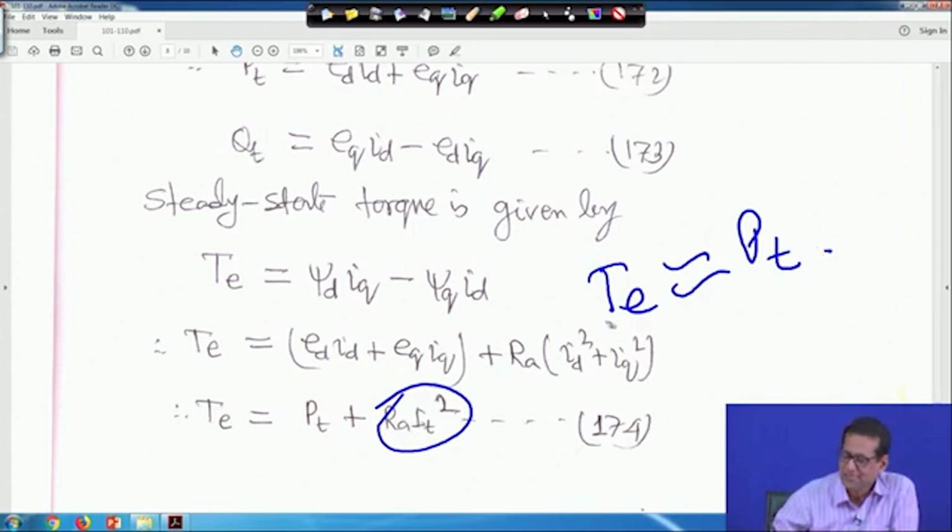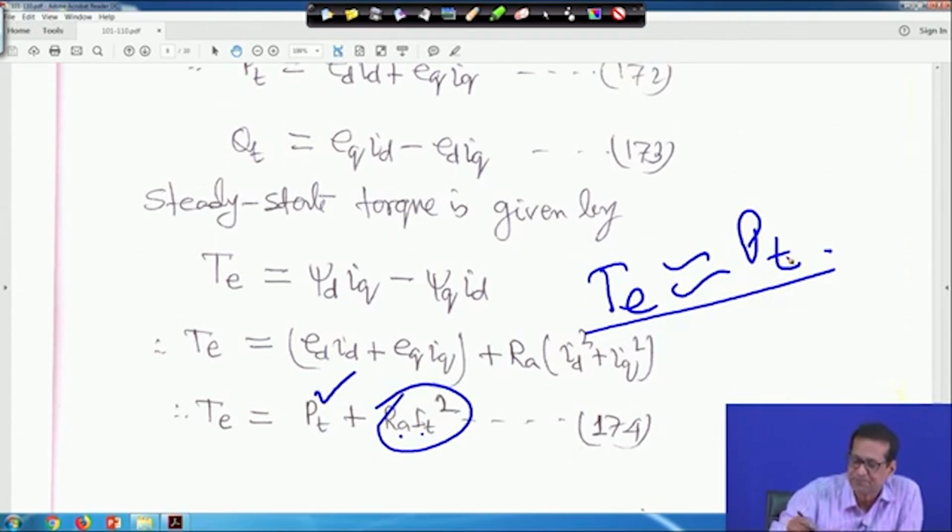So in many cases we assume that per unit torque is equal to per unit power. Torque is approximately equal to power in per unit.